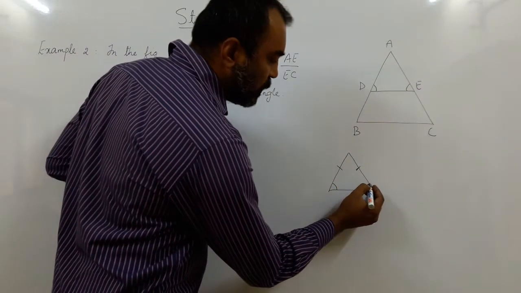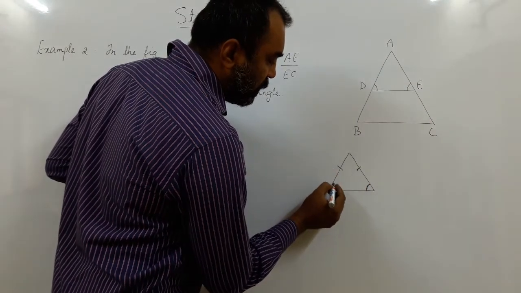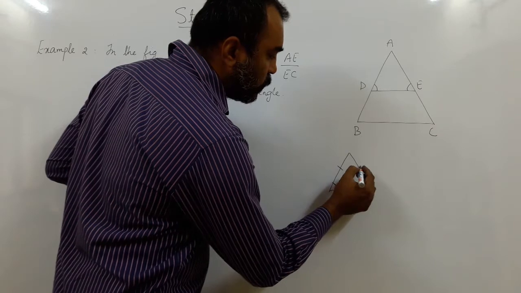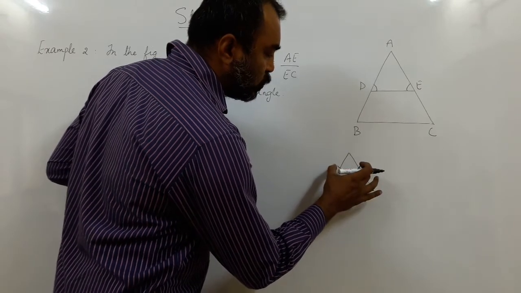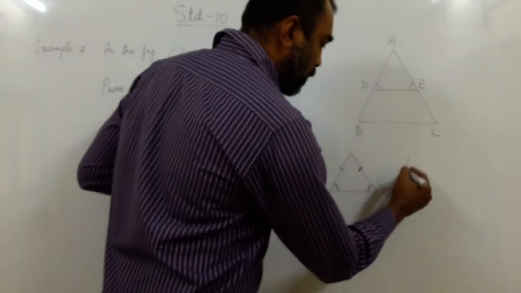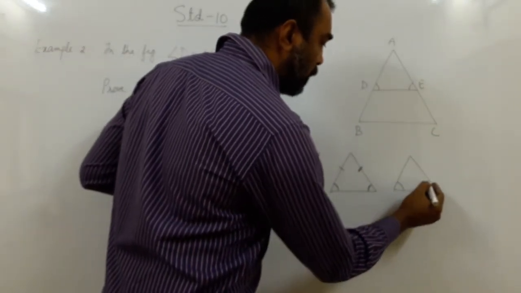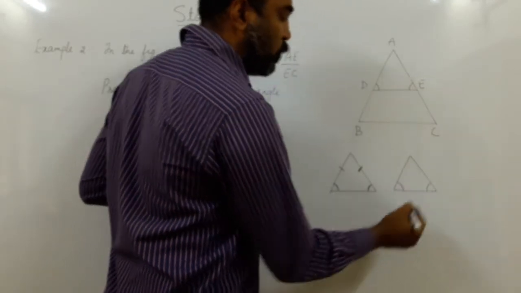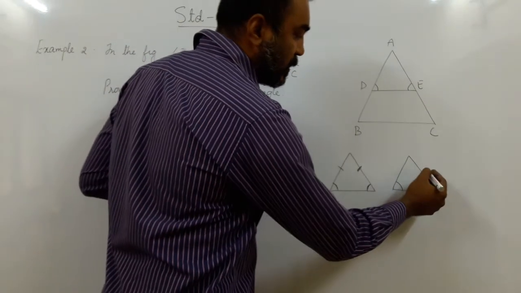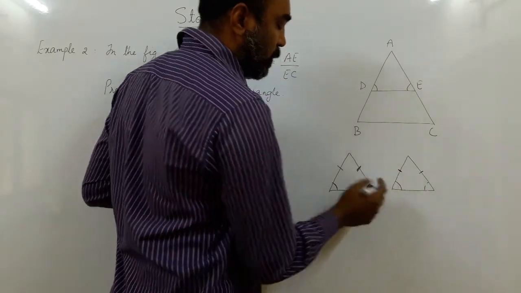So if you look, this angle is opposite to this side and this angle is opposite to this side. If the two sides are equal, the angles have to be equal. Similarly, the converse of the theorem was: in a triangle, if two angles are equal, then the sides opposite to them are equal.